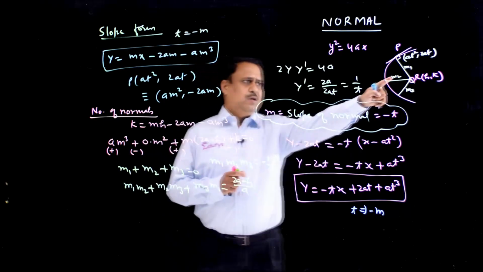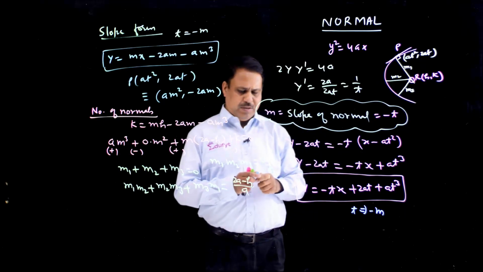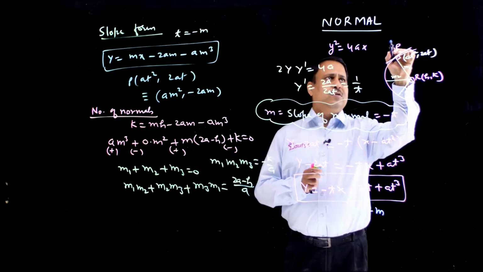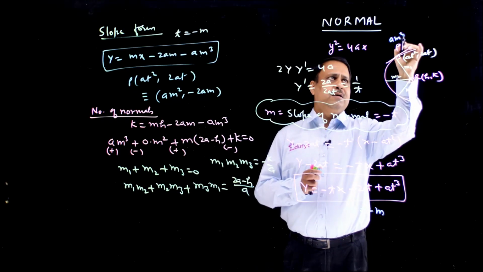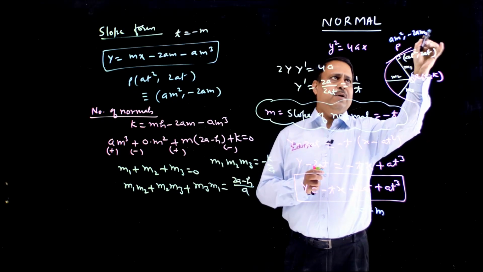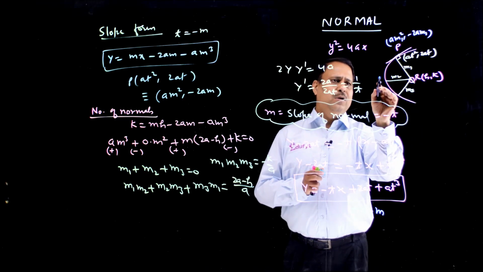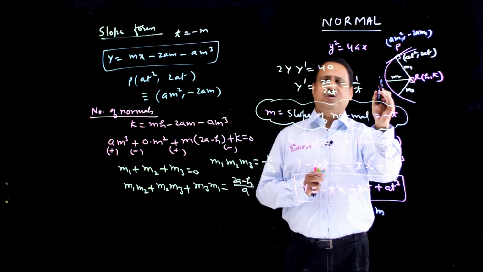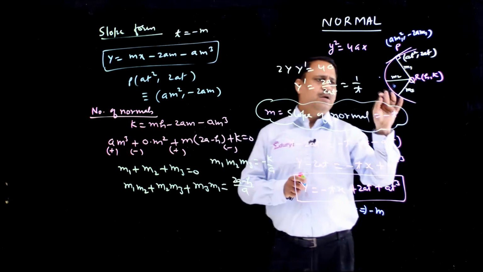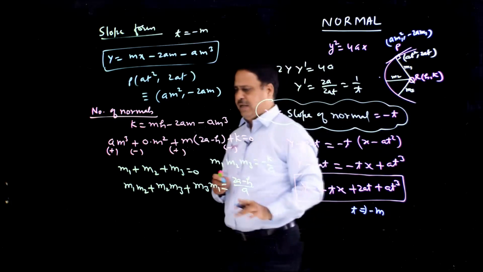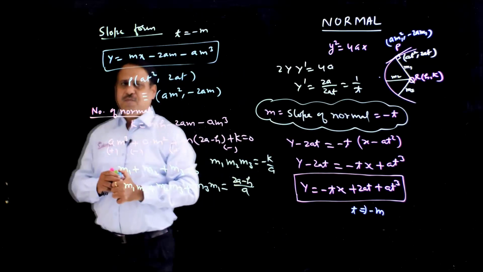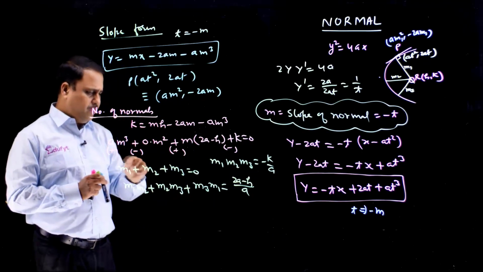If I know this m1, this P point, I can calculate a m1 square, minus 2a m1. The foot of this will be Q as a m2 square, minus 2a m2, and a m3 square, minus 2a m3. So the sum of the 3 slopes of the 3 normals will always be 0.